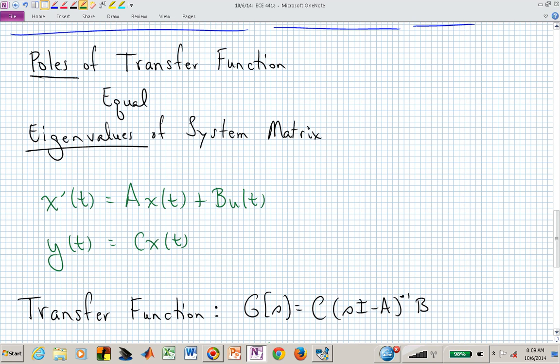We do not have a direct feed-through matrix in our representation here, and because of that we have a strictly proper transfer function. What does that mean, a strictly proper transfer function?